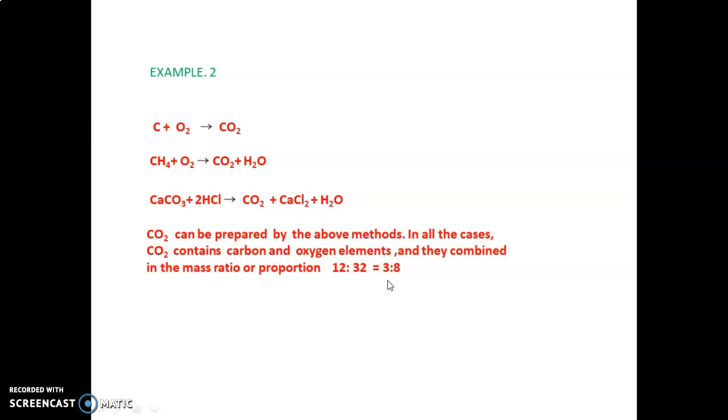What is the law of definite proportion? Whatever may be the source, whatever may be the method of preparation, the pure compounds always contain the same elements, and they combine in a fixed mass ratio or proportion. That's the law.